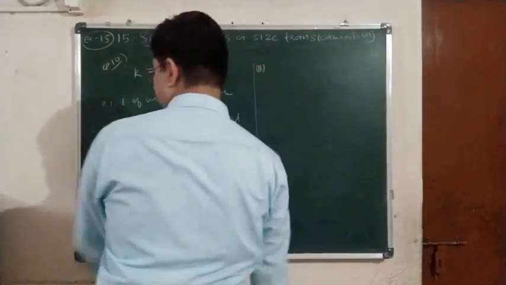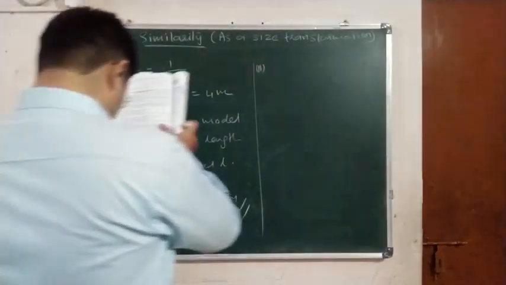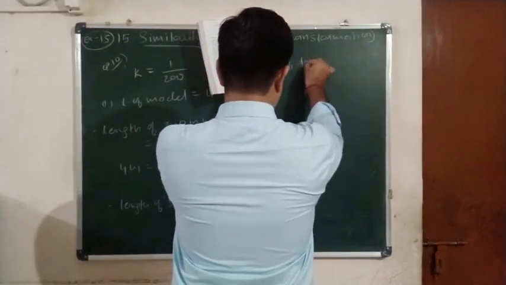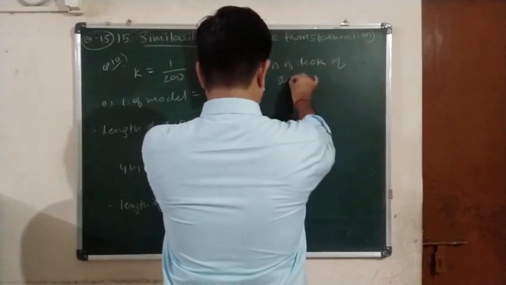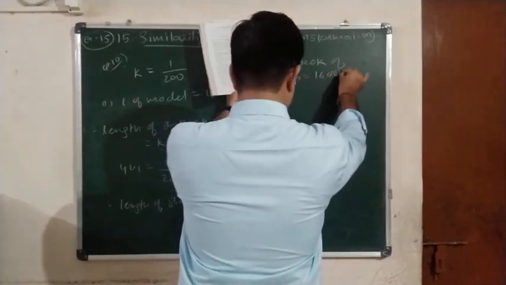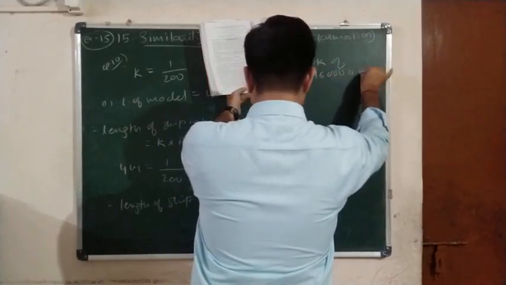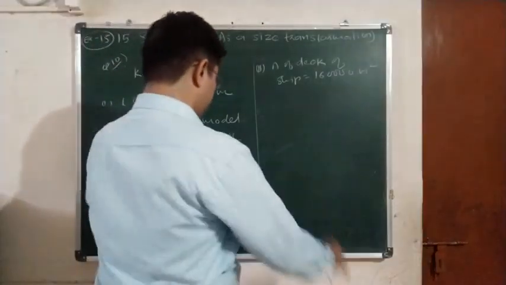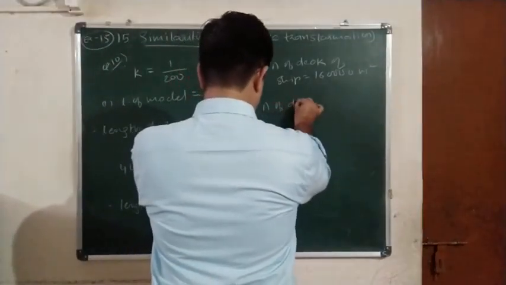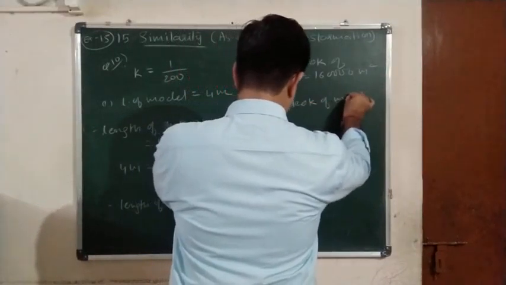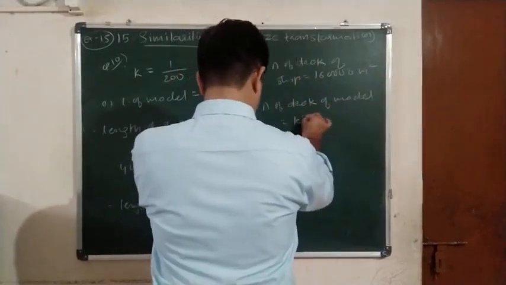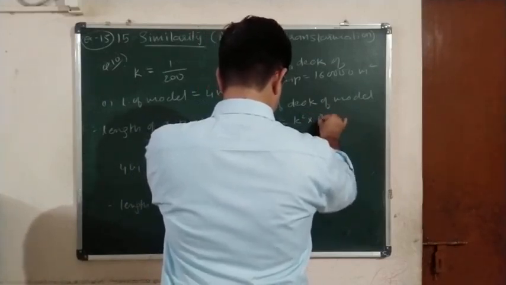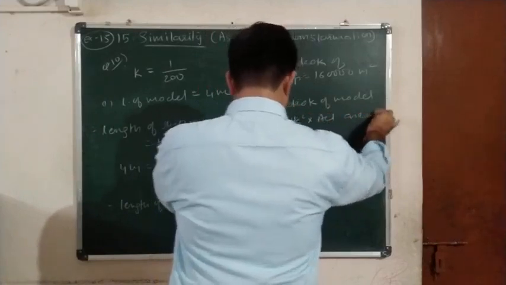Now second answer. Okay, area of deck of ship is given to be 1,60,000 square meter. We have to find the area of deck of the model. Okay, so put the formula. Area of deck of model is equal to k square into actual area of deck.